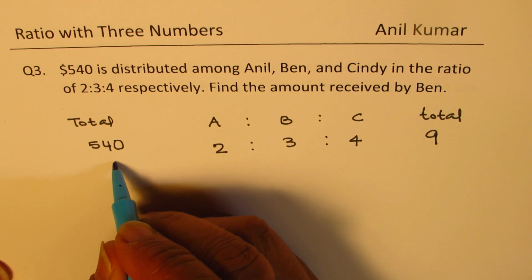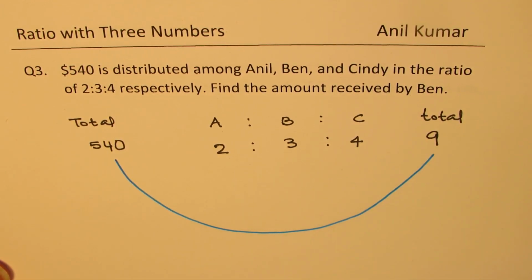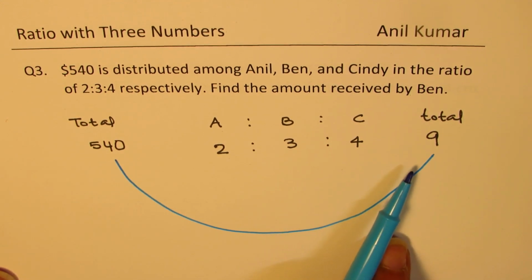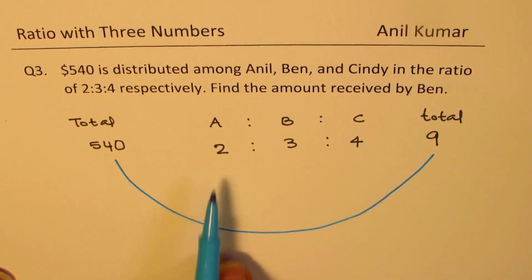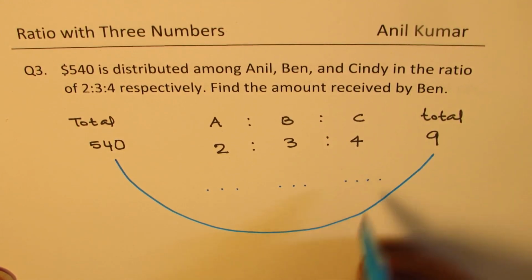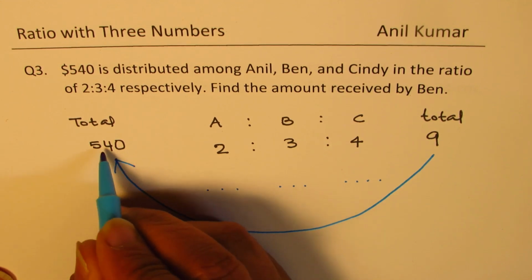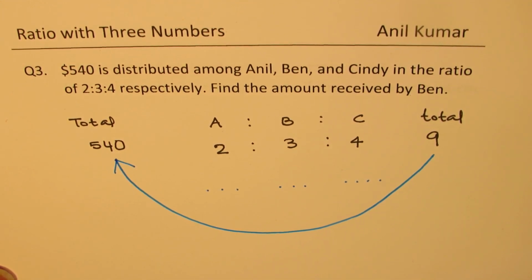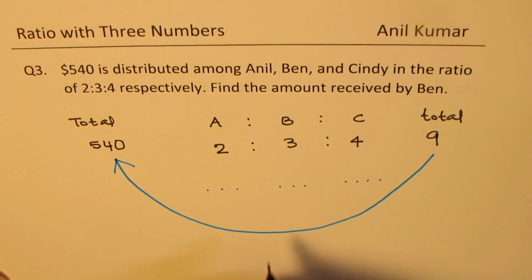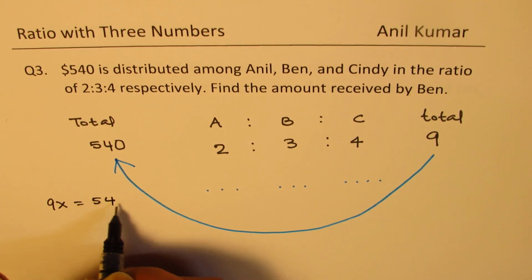Now look here. How are these totals related? We have to see the relation between these totals. That will give you a hint of the amounts which should come in these places. Correct? So 9 times what is 540? That is what we are looking into. Correct? So we are saying 9 times x is 540.